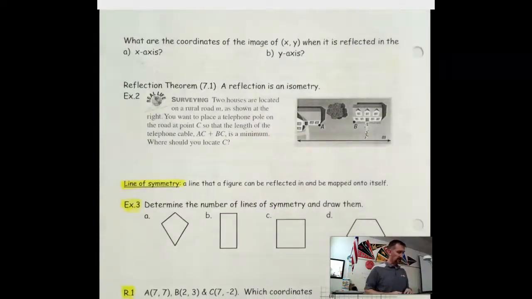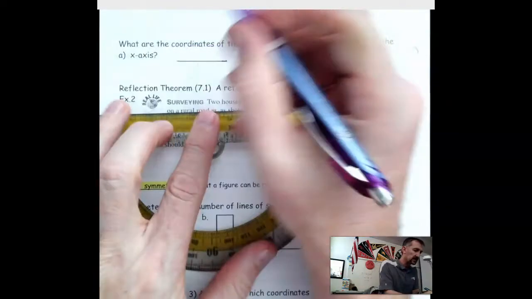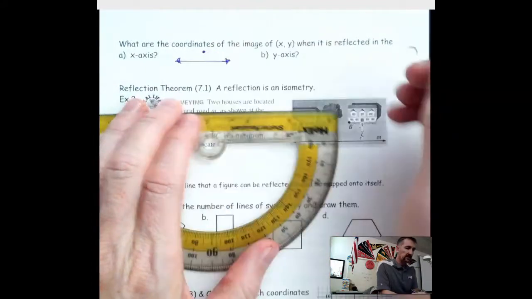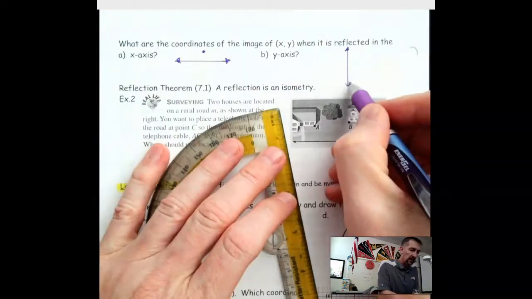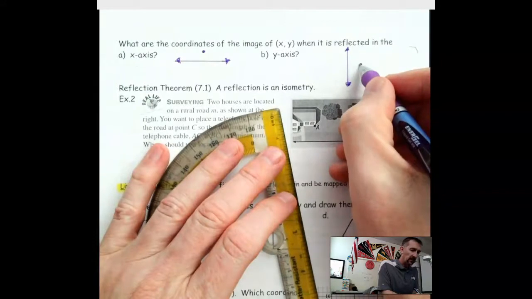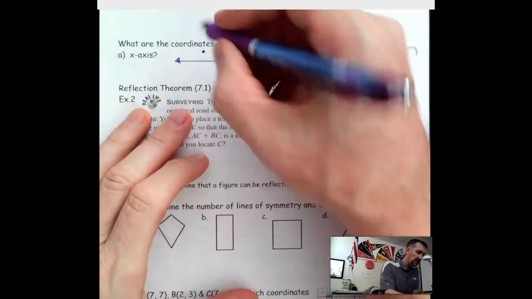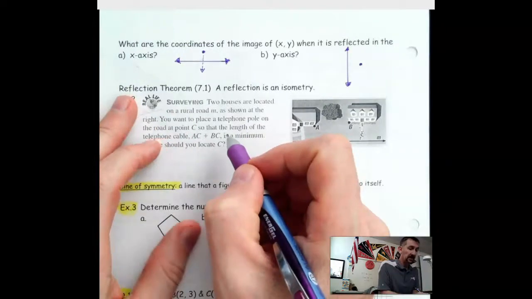So, let's see here. What are the coordinates if you go over the x-axis? A lot of times if we sketch something, that helps us. And the y-axis would be right here. So if we have this point right here and we reflect it down here, what happens to the point over the x-axis?